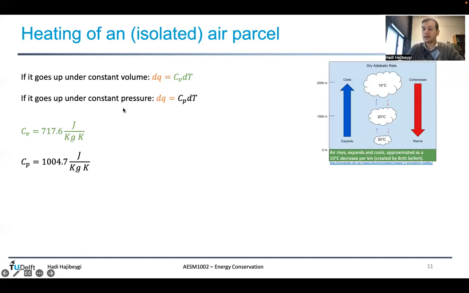However, if it goes based on constant pressure, the change of its temperature would be correlated with the heat added to this bucket of air with Cp. Now, as we said, Cp is bigger than Cv. So we are wondering, would the bucket of isolated air, when it climbs, go through a constant volume process or a constant pressure process?